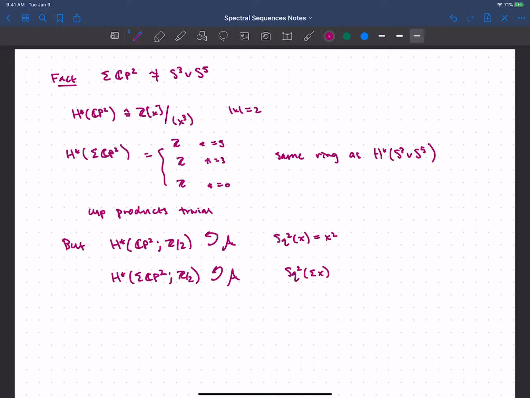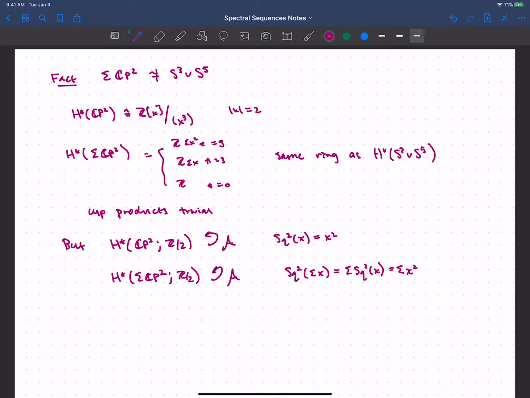So if I look at square 2 of that suspension, then that's going to be the suspension, again, chase it through, of square 2 of x, and that's the suspension of x squared. So here, this is my sigma x, as I'm calling it, that generates degree 3, and this is my sigma x squared that generates degree 5.